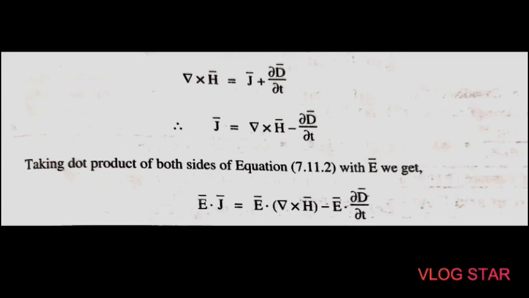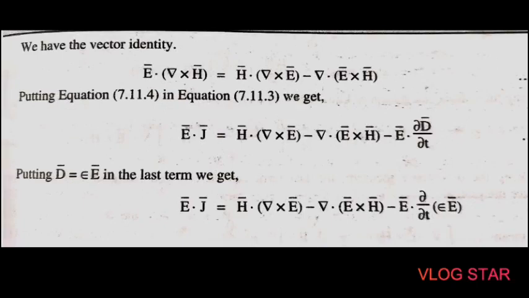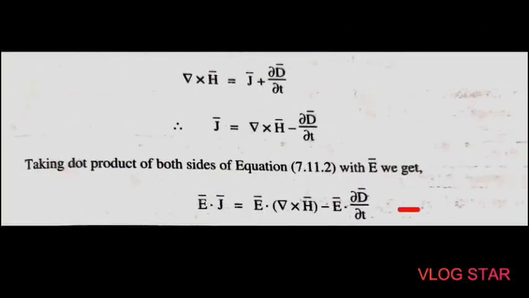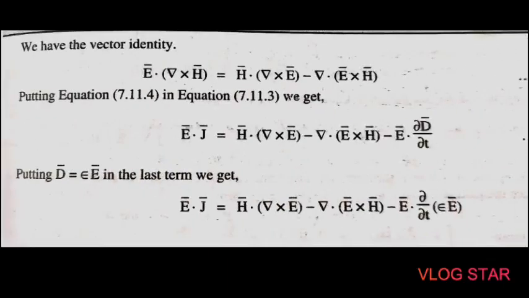We know that this E bar dot del cross H bar is equal to H bar dot del cross E bar minus del dot E bar cross H bar. So here in equation number 1, suppose this is your equation number 1, the value of this E bar dot del cross H bar is nothing but this equation, that is equation number 2.